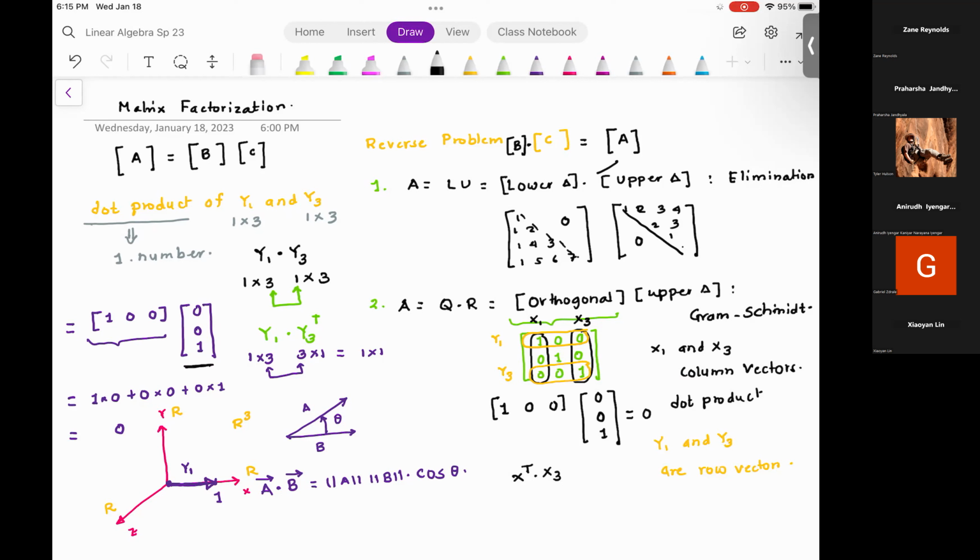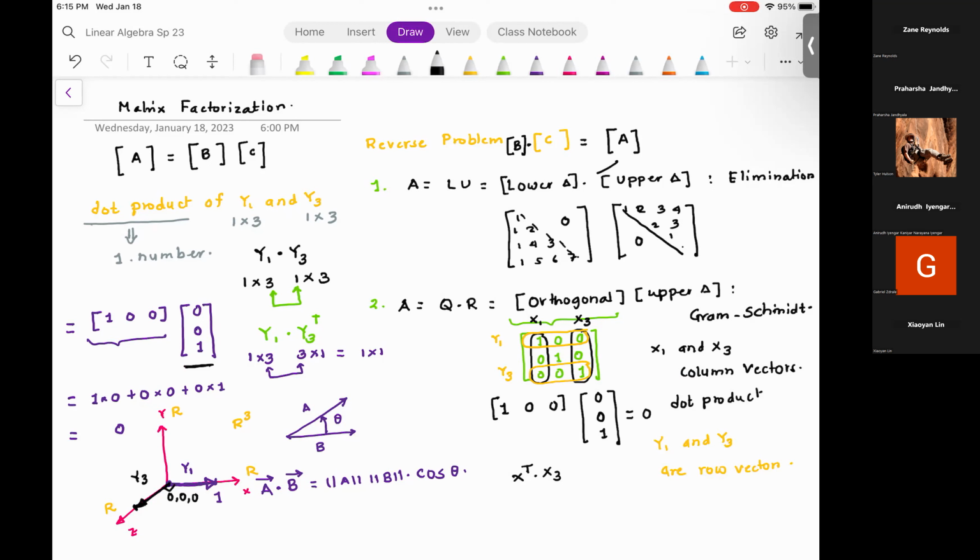Please understand, this vector y3 is 0, 0, 1, starting from 0. This is 0, 0, 0, the origin. And this is going to become the vector y3. Now please understand, these two vectors are perpendicular to each other.